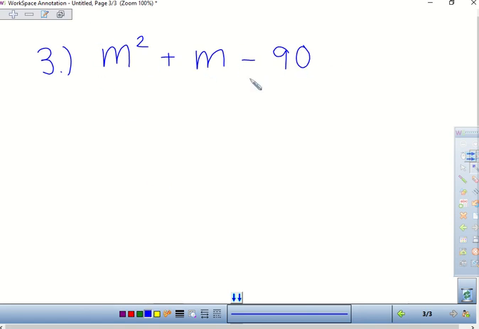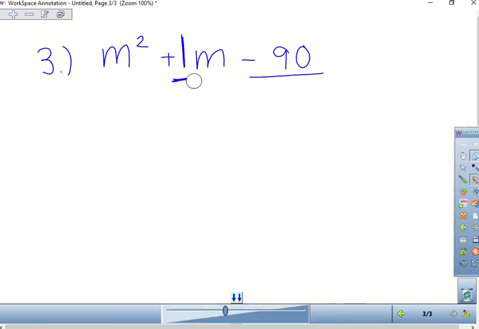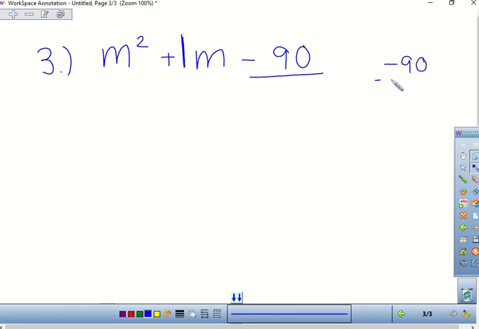Also remember, we're always looking for factors of this term that add up to this term. What is this term since it's not written? 1. It's an implied 1, so you're going to put a 1 in there, okay? Now we're looking for two numbers that multiply to give me negative 90, but add up to positive 1. Any ideas of two numbers that multiply to give you regular 90?